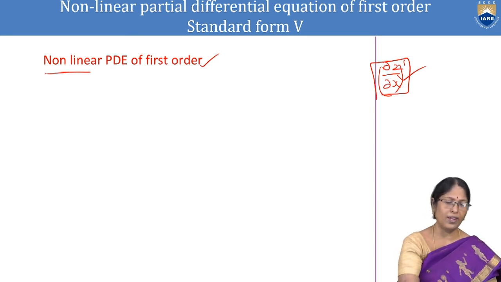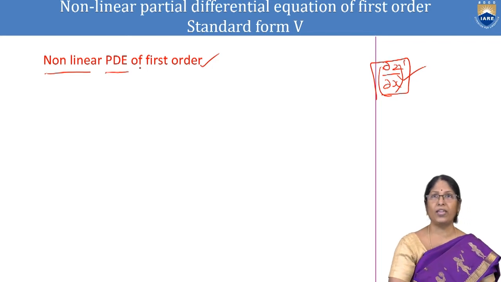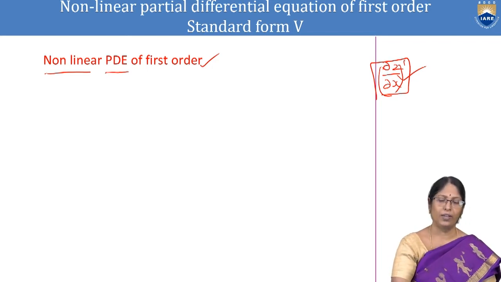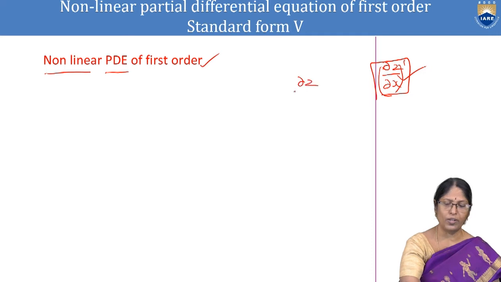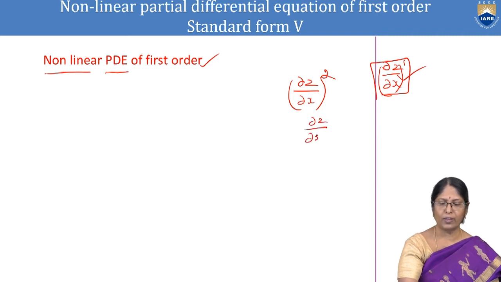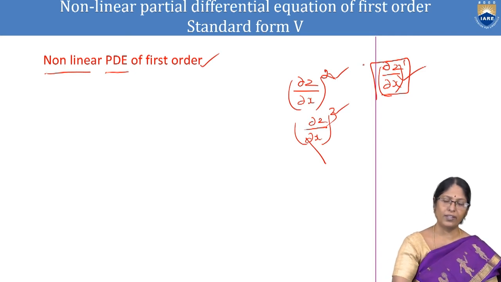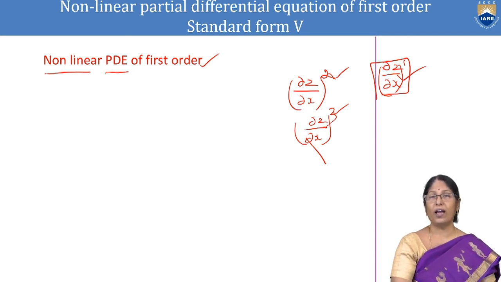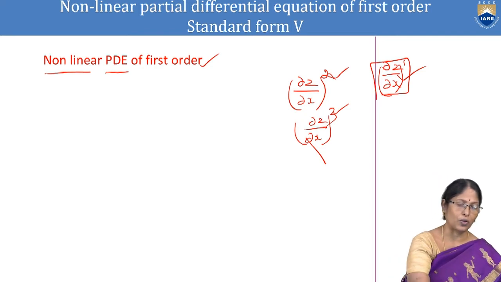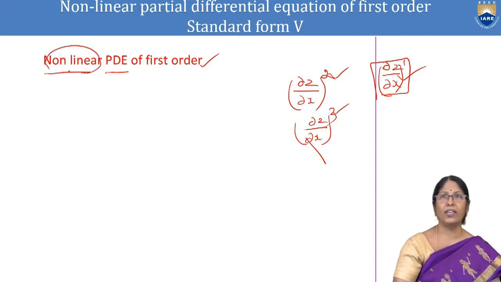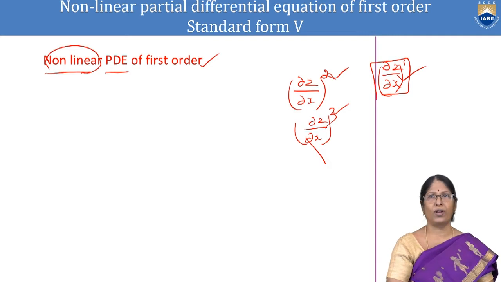It is nothing but dou z by dou x the whole square, otherwise dou z by dou x the whole cube. This is first order, but the degree here is 3, and here the degree is 2. That is the reason they do not come under linear. They are called non-linear PDE of first order.